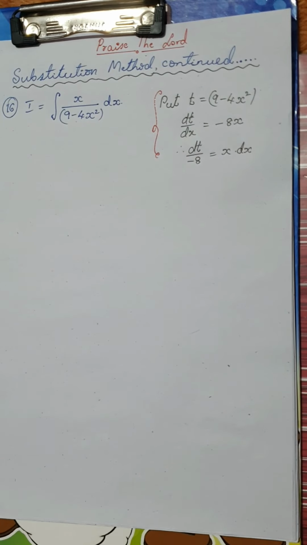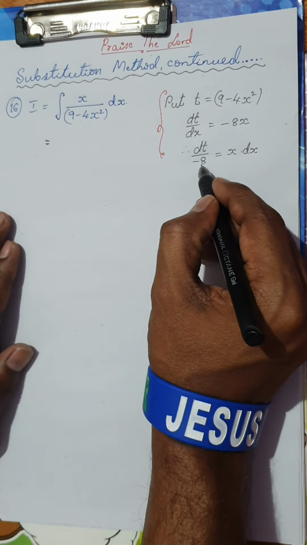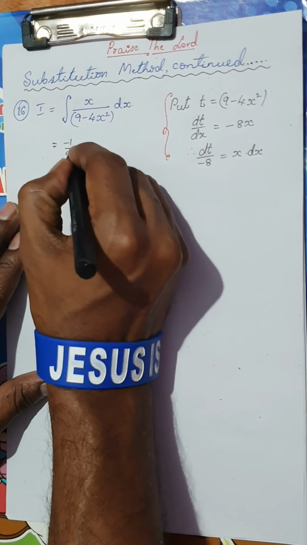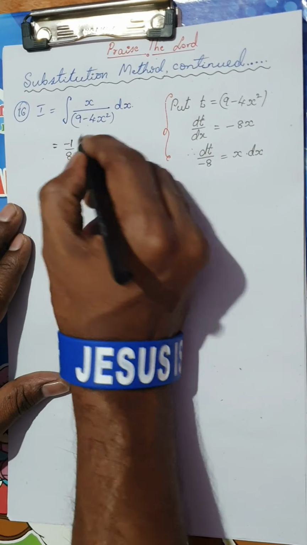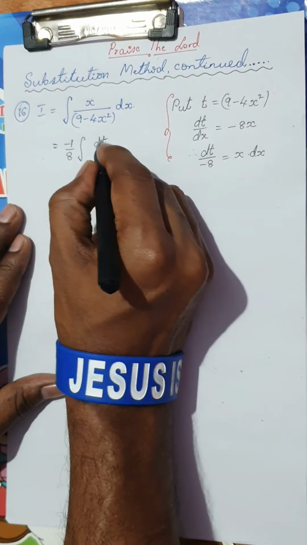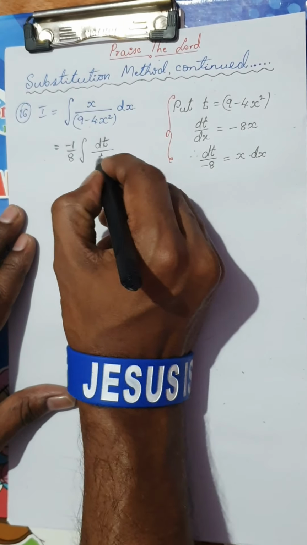Okay, see what happens now. I told you whatever the constant is divided here, I'm going to keep it outside. So it is minus 1 by 8 integral of, remember, x dx I will consider as dt, divided by 9 minus 4x square, which is t.